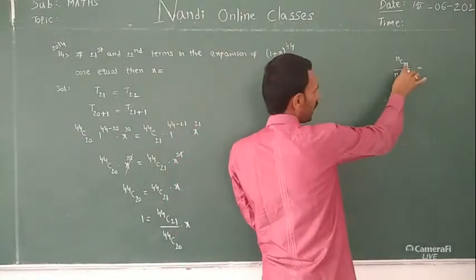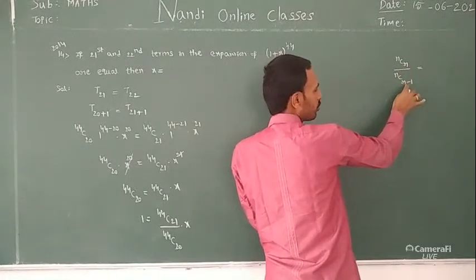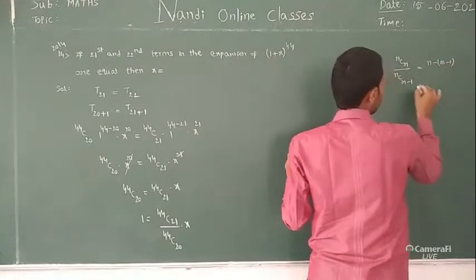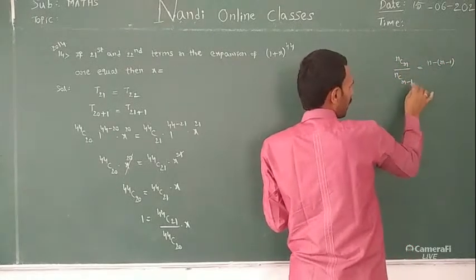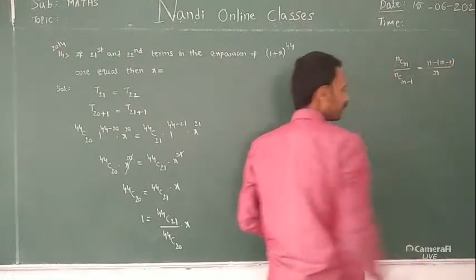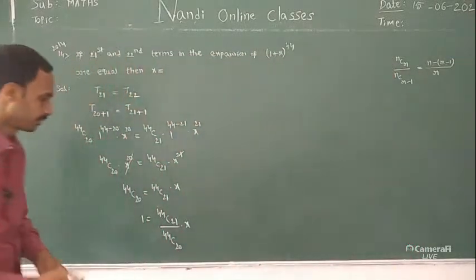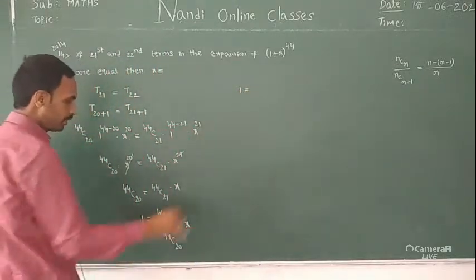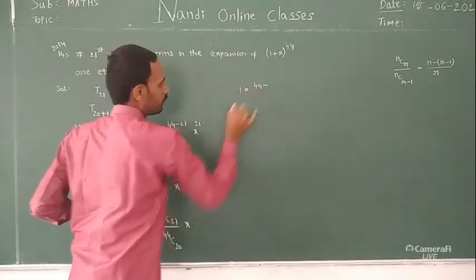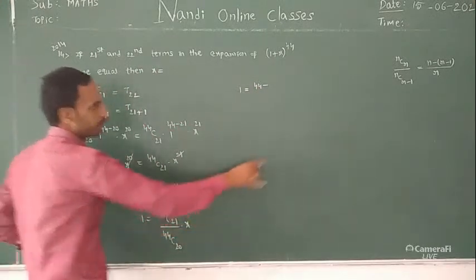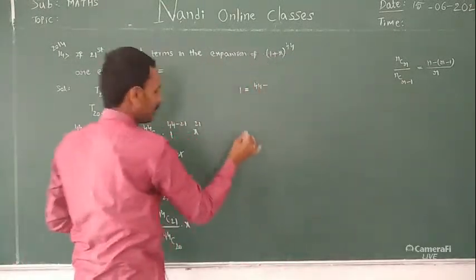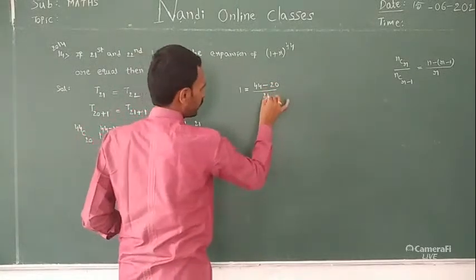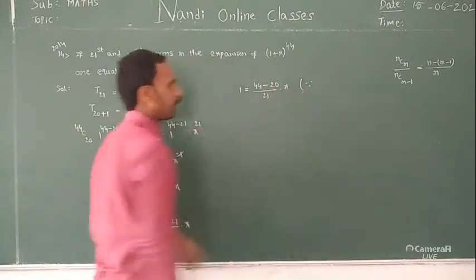The formula is, see, r is there, one term decreased, r minus 1: n minus of r minus 1 divided by r. Apply that formula. So 1 is equal to 44 minus 20 by 21 into x.